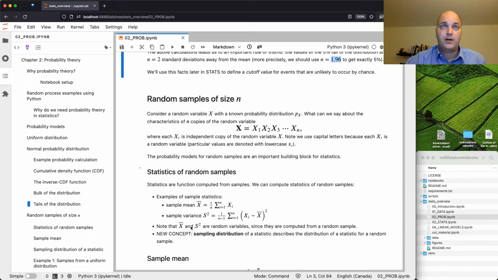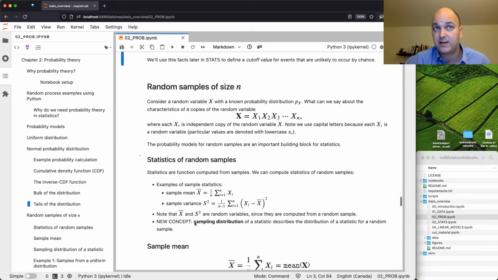So it will have a distribution. And the name of that distribution is called the sampling distribution. As you get different random samples, you're going to get different values of the sample mean. The distribution of the sample mean depends on which particular values you observe. Since they're random, this is going to be random.